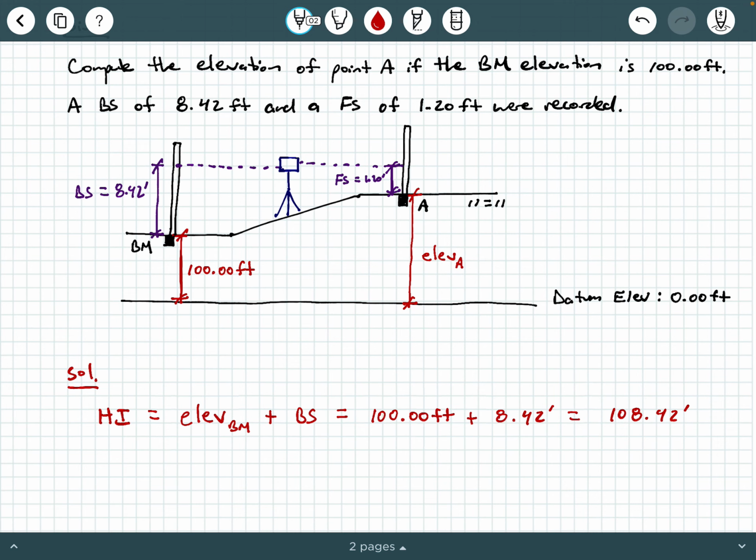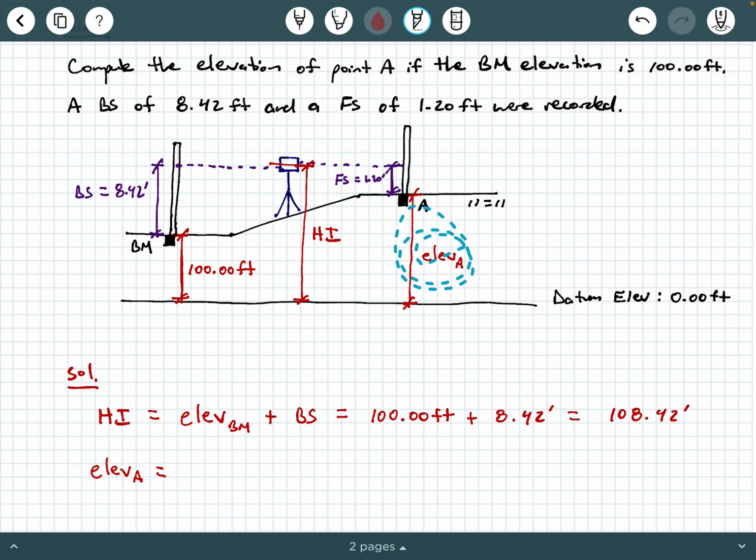So that height of instrument is this height right here. It's from the datum to the line of sight of the instrument. Okay, and again, if you like seeing things graphically, you can think of it as this 100-foot dimension line plus this 8.42-foot dimension line.